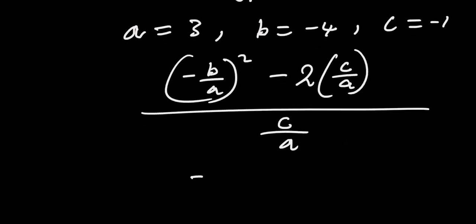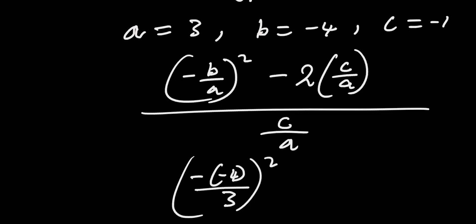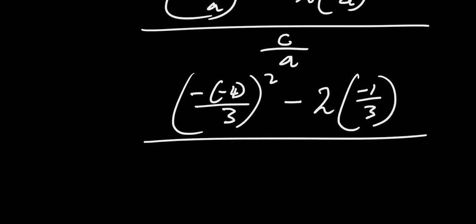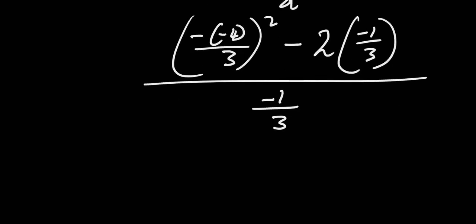This is negative and b is -4, so we can write -4 over a, which is 3. So we need to square this, minus 2 times c, which is -1, so we have -1 over a, which is 3, over -1 over 3. So now, remember, this negative can simply multiply this negative to give us positive.